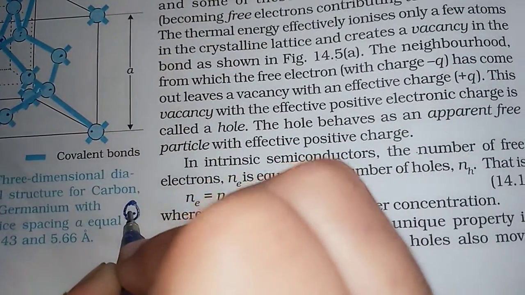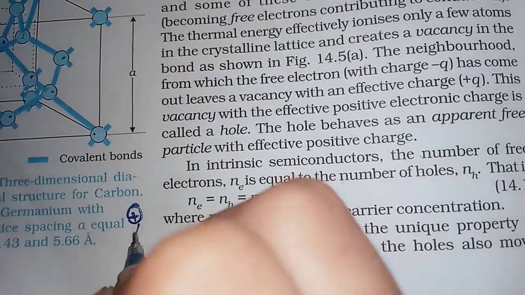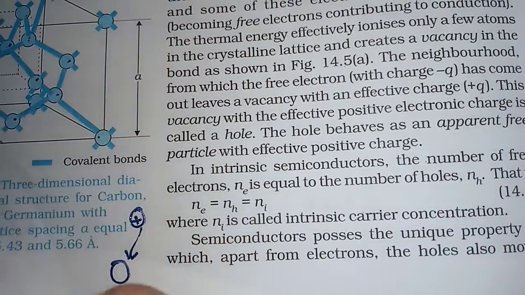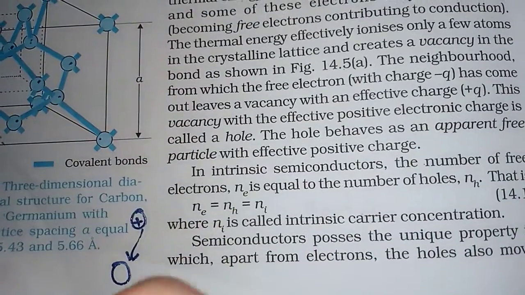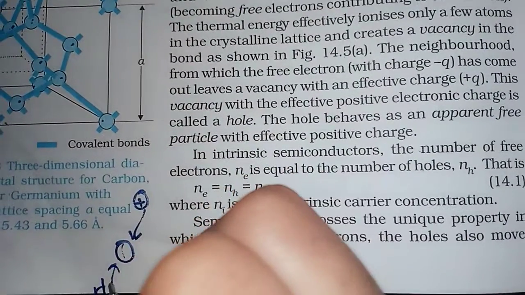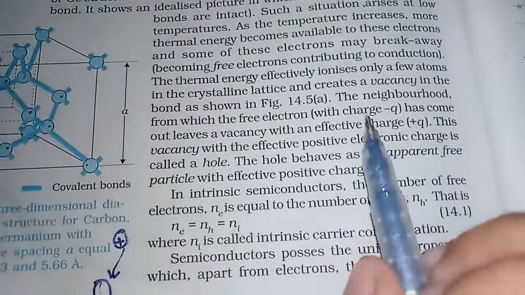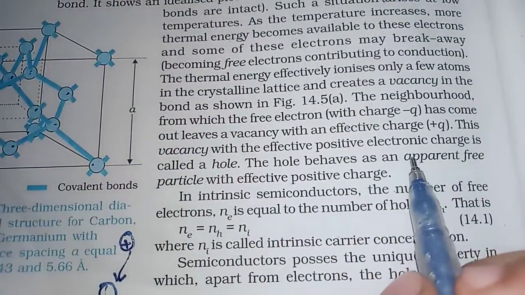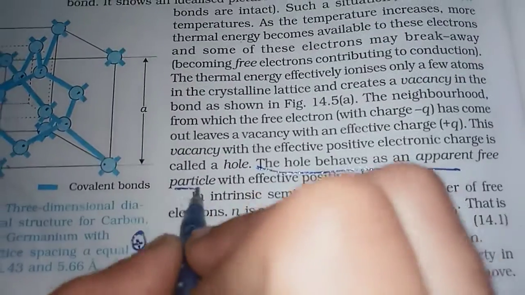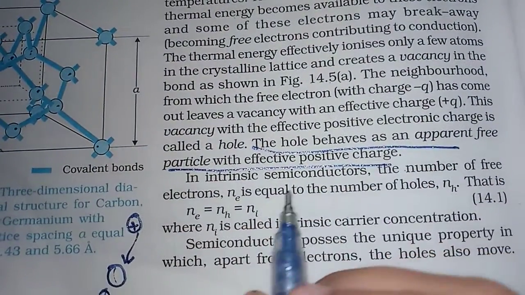Earlier there was an electron with charge, but if it has left its place, it has created a vacancy here. This empty one is a hole. So this hole will behave as an apparent free particle. What is a hole? It is an apparent free particle with effective positive charge.